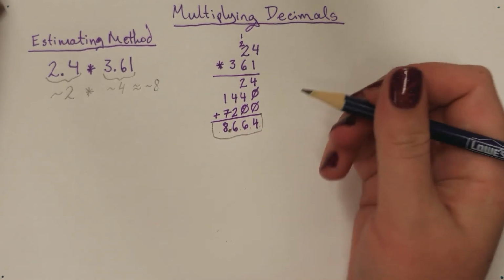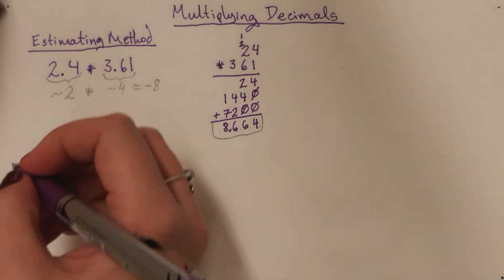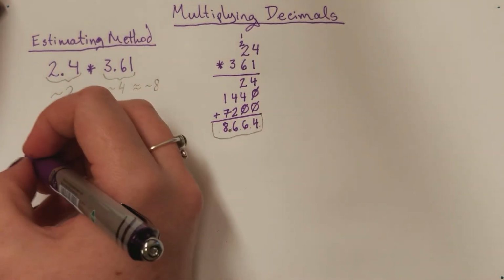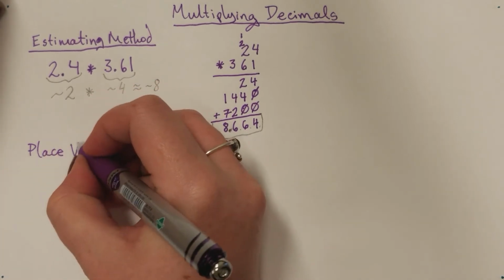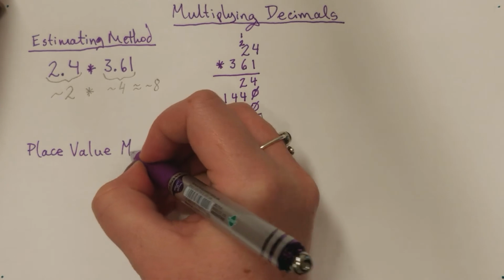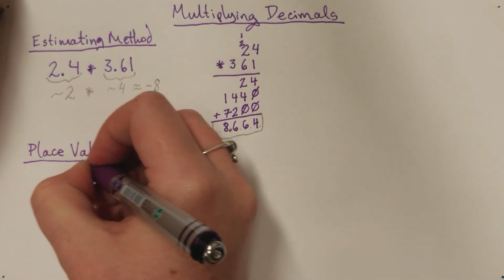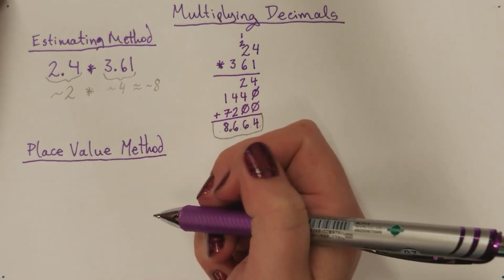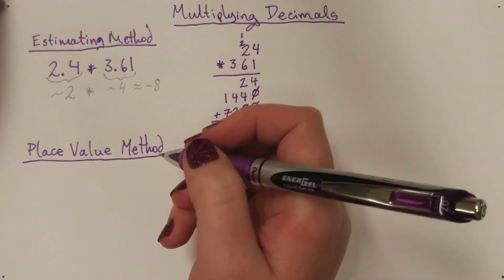All right, the next method we're going to talk about is called the place value method. And the reason it's called that is because it depends on your knowledge of place values. So remember yesterday we talked about how all of our numbers are in base 10.